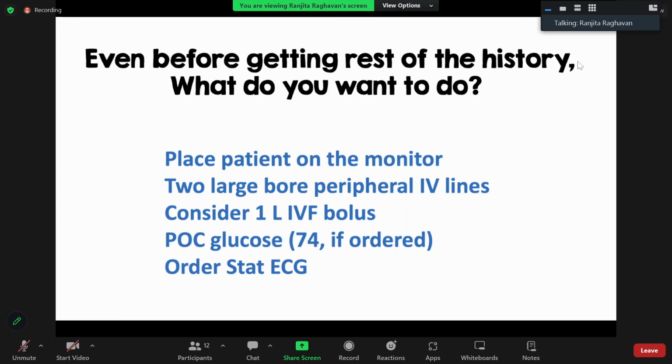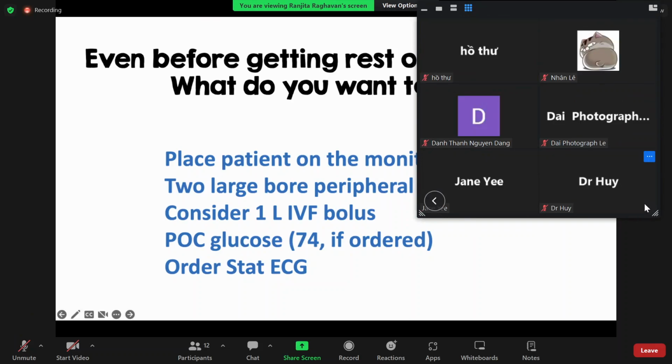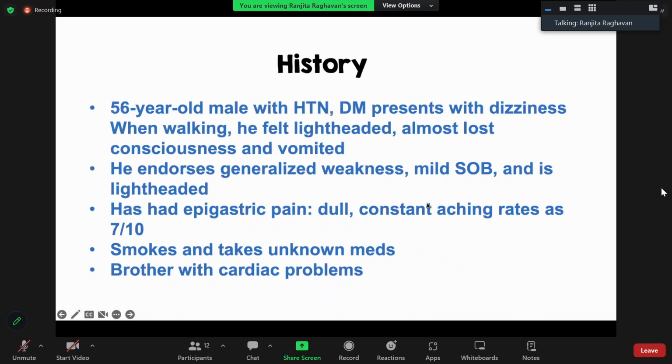So exactly, you're right. This is somebody who we want to have on a monitored bed and have those IVs in, and we want to think about what we might need to get for him as well. These things could be: do we need to give him some fluids? Do we need to get a blood glucose? Do we need an EKG fast enough? But yes, you're right. Monitors and IVs first, because otherwise we really can't do much else.